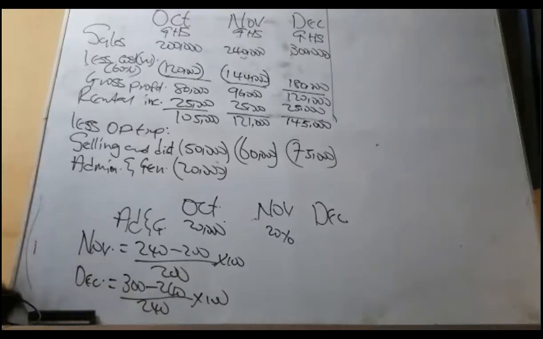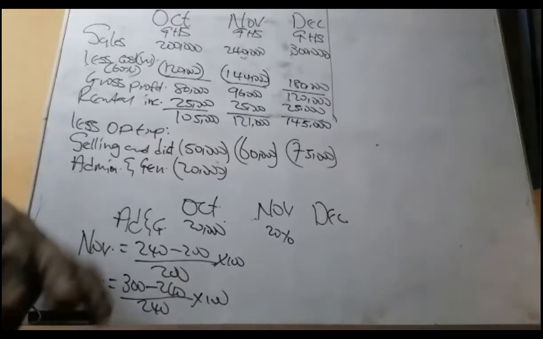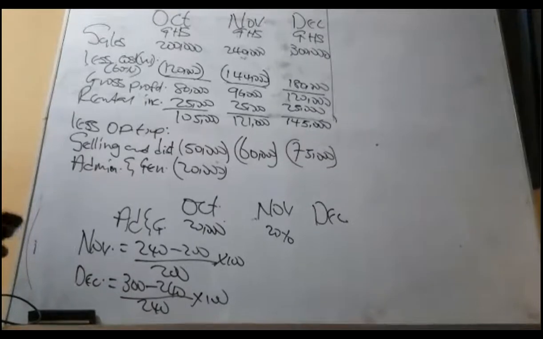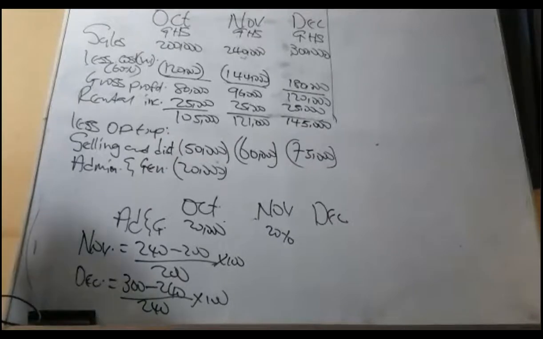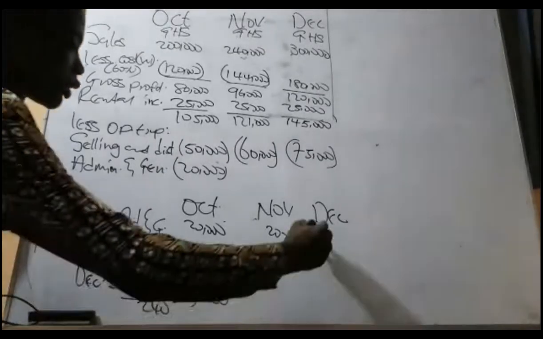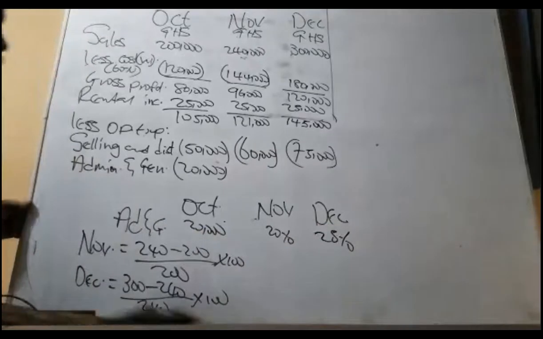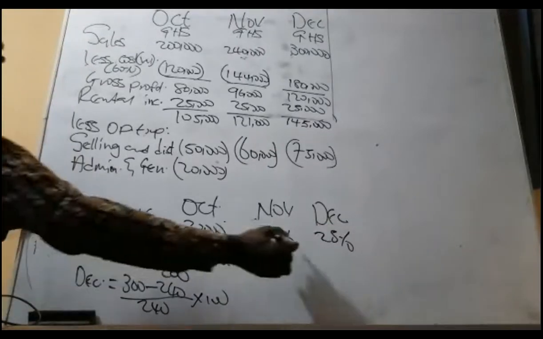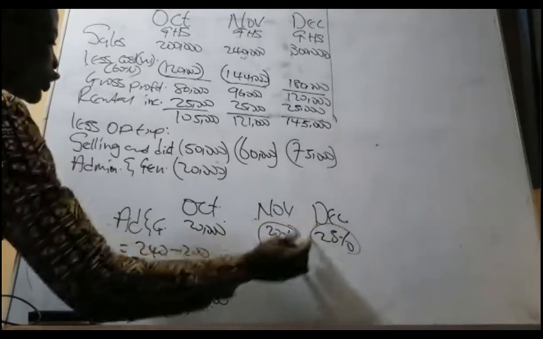So the increment is 60 divided by 240. And honestly speaking, that gives us 25%. So 25%. That is one way to obtain these percentages.